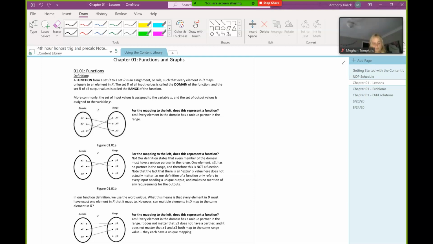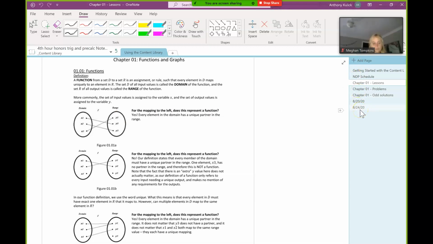I may do a little bit more or a little bit less than what's here, but the lessons are basically the same as the notes. All I'm doing is a conversational version of the lesson. Those are in the content library so you can download and alter them.